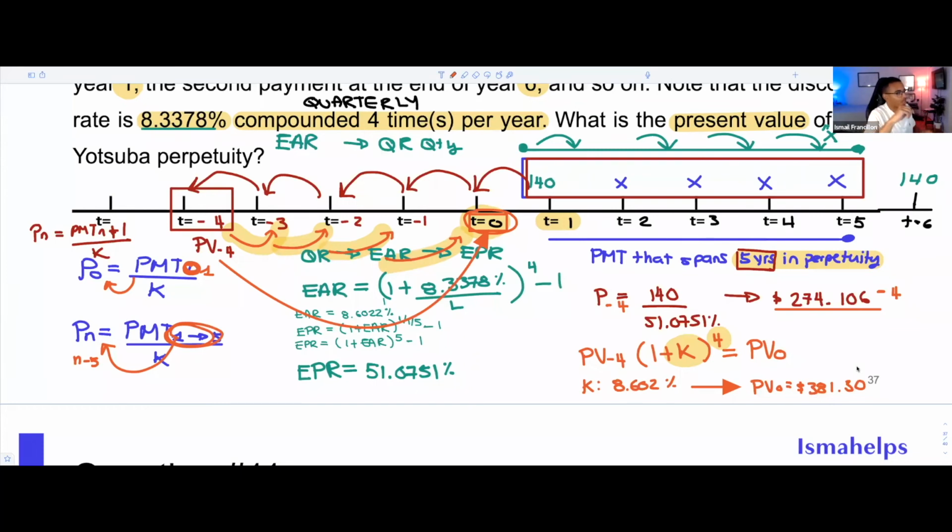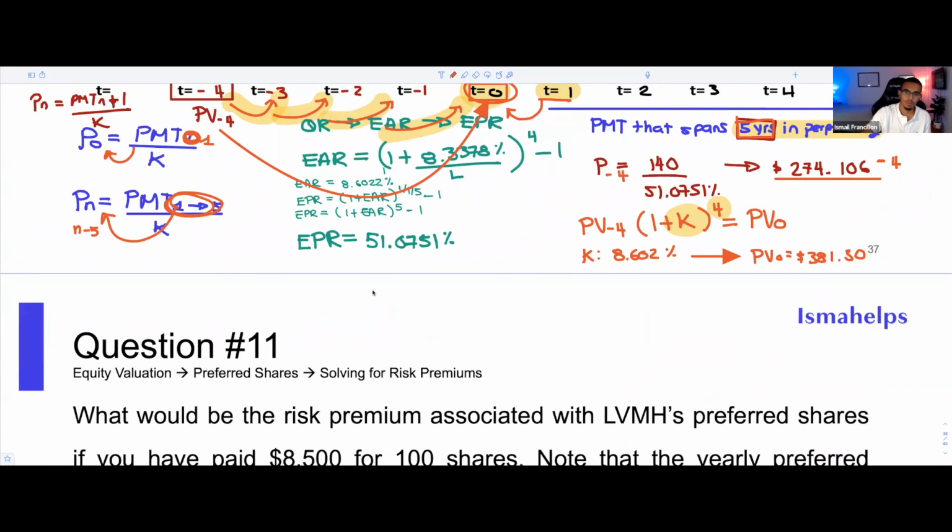Now, before we tie a bow on all this, I want to break it down again. A perpetuity formula is really interesting because it brings you back one period. If your payment at T1, for example, is going to bring you back one period. If your payment spans X amount of years, more than 1 year, it's going to bring you back the number of years it spans. Okay, so let's do an example.